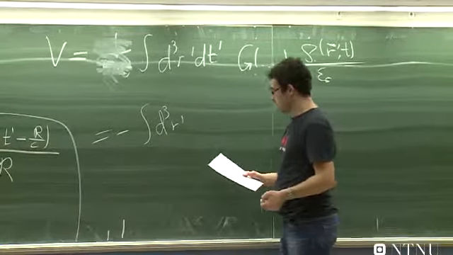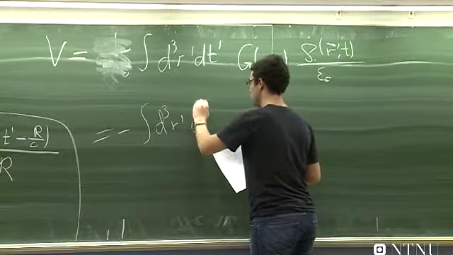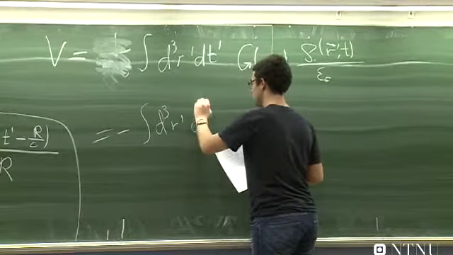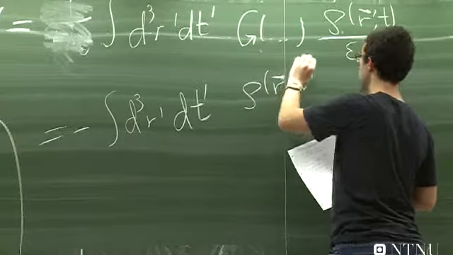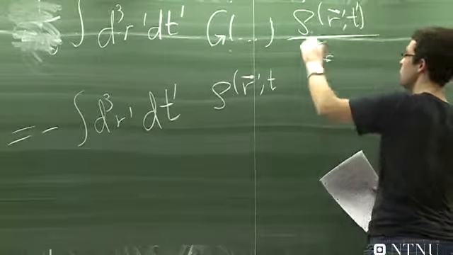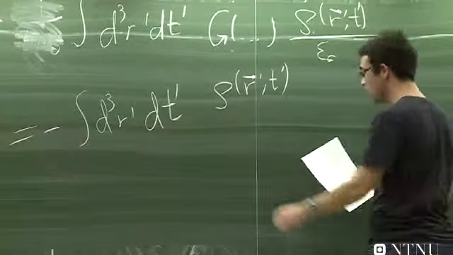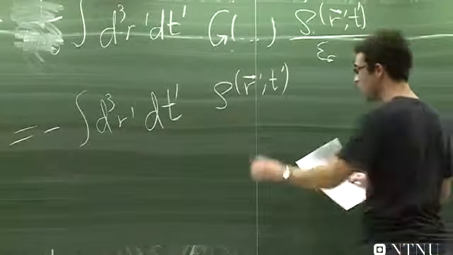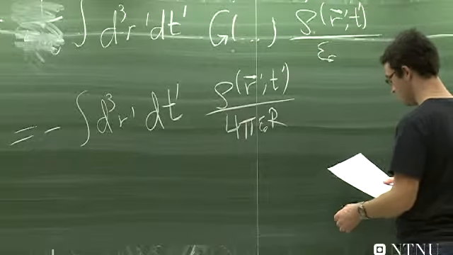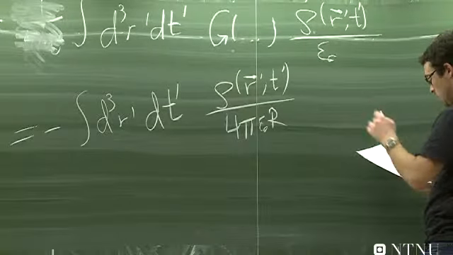But it's going to show up in the answer. So first the spatial, then the temporal integral over rho of r prime, t prime, like this. And then there's a 4 pi epsilon naught r. That's essentially the Green's function. And the epsilon is from the source term.